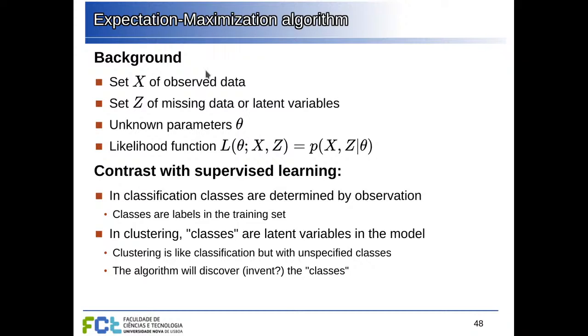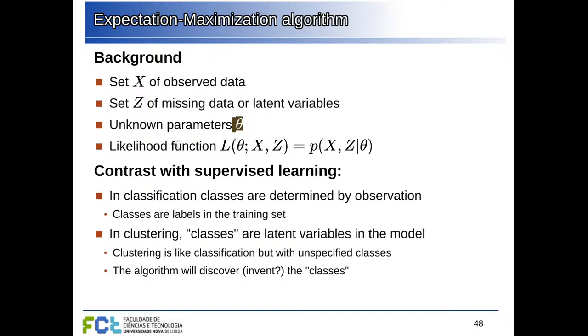There are some clusters, but they are not present in the data, so we call them latent variables. This Z will be the clusters that we want to assign the points to, but it's missing from the data. We cannot observe it. And we also have parameters for our model, for example, the positions of the centroids in the k-means algorithm.